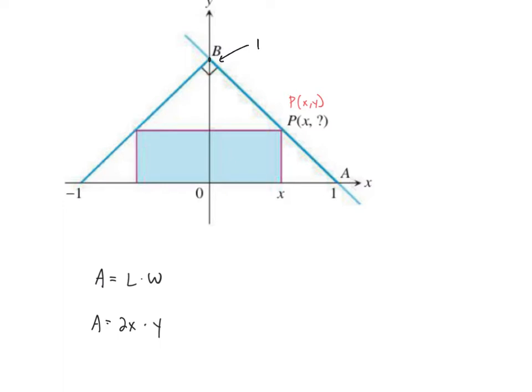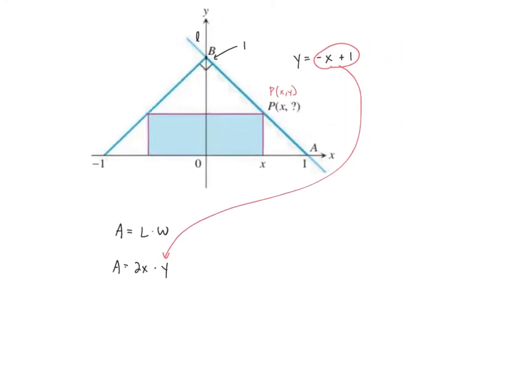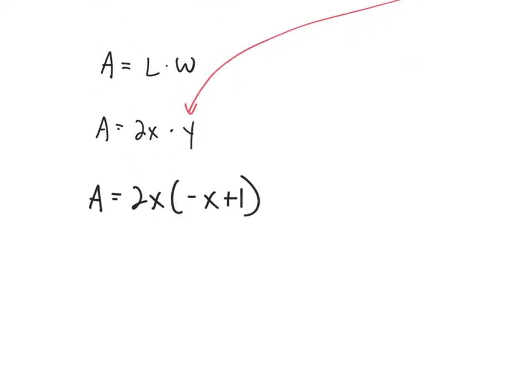So the equation of this line, call this line L, is y equals negative x, since the slope is negative 1, plus 1, because the y-intercept is 1. Okay, and then if that's y, we can take this and plug it in for y here. Okay, I'm going to simplify that a little bit.